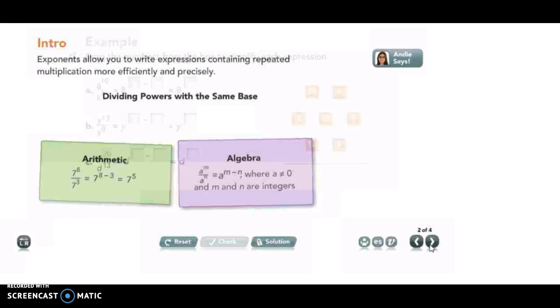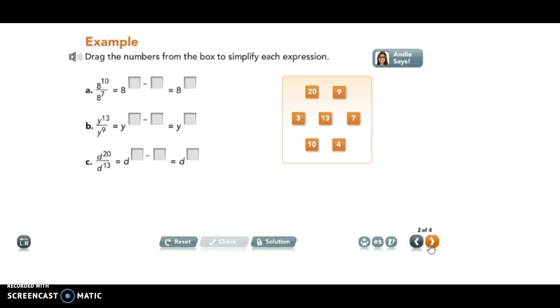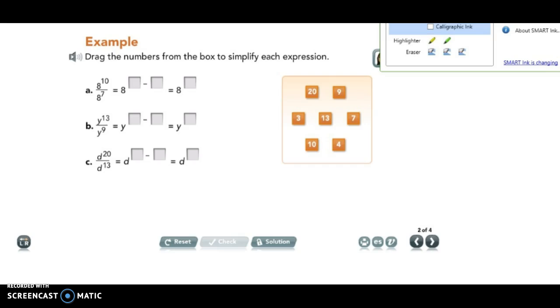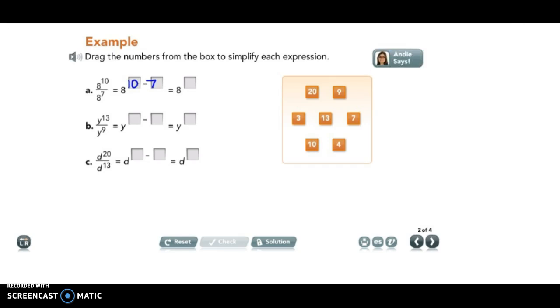Okay, so let's try some examples. On our first one, we have 10 to the 8th divided by 10 to the 7th. Both times we have the exact same base, so we're going to take 10 minus 7 and get 3.